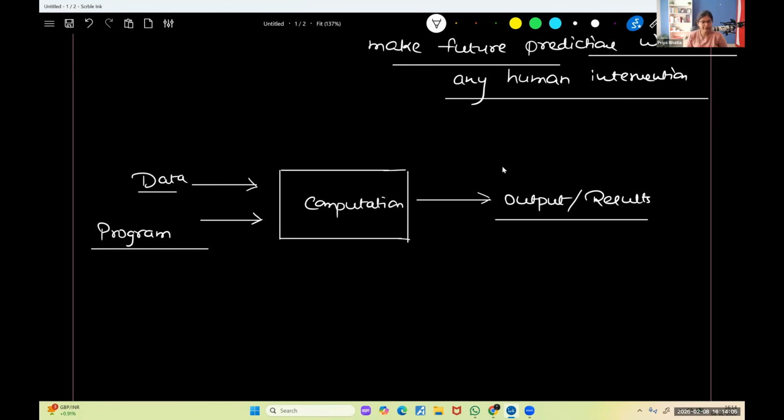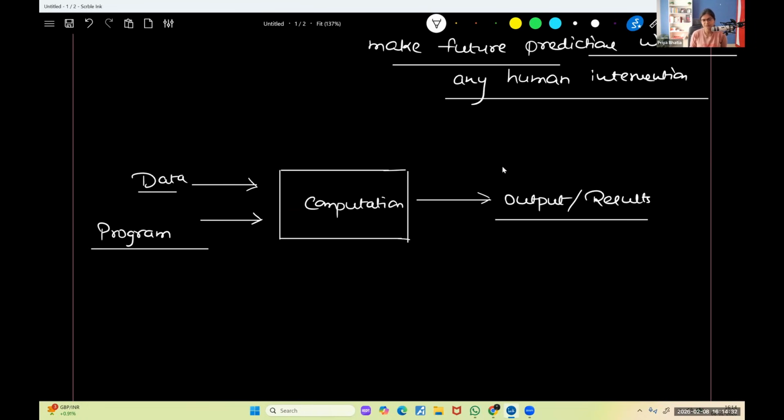So, for example, let's say you will write any DSA specific code. For a given problem, you will write the Python code and you will have some test cases. You will try to check that. Based on that, you will get some result. For example, if you are adding two numbers, you will write a program, you will write a logic, you will give the data, which is let's say 2 and 3.